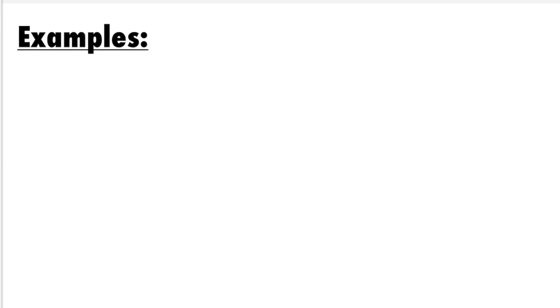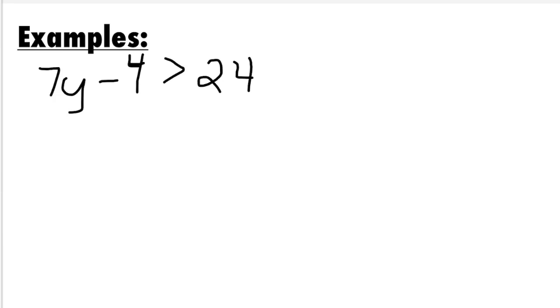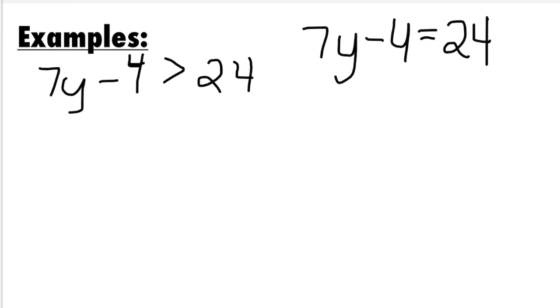So the first example is 7y minus 4 is greater than 24. And you would solve this the exact same way that you would solve an equation. So if it helps, you can just think about this as 7y minus 4 equals 24, at least for the first few steps.